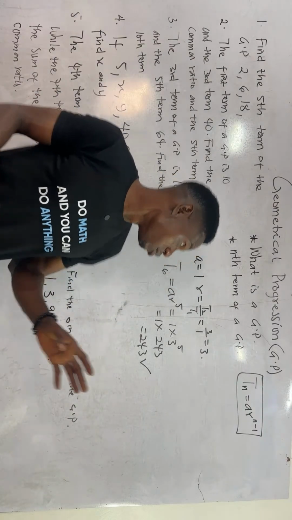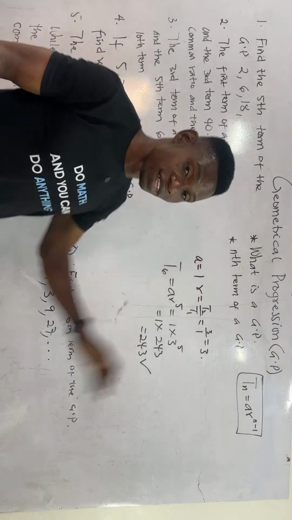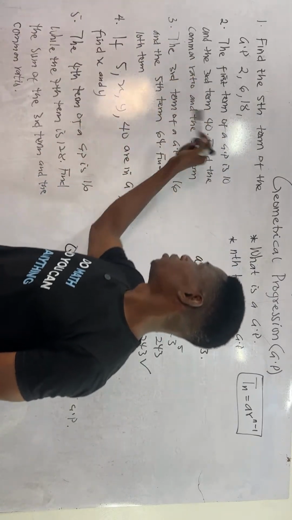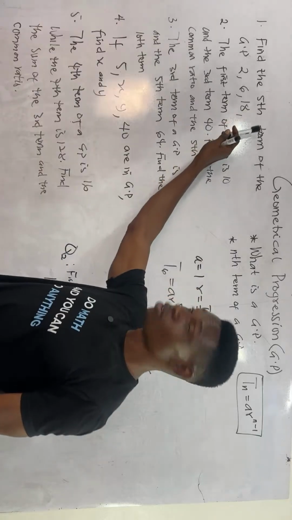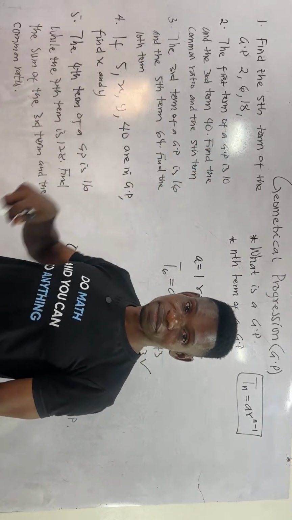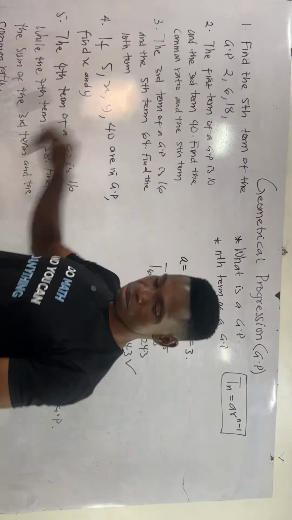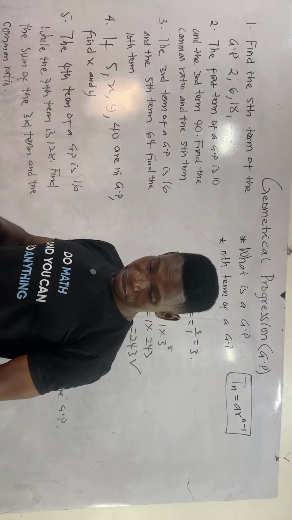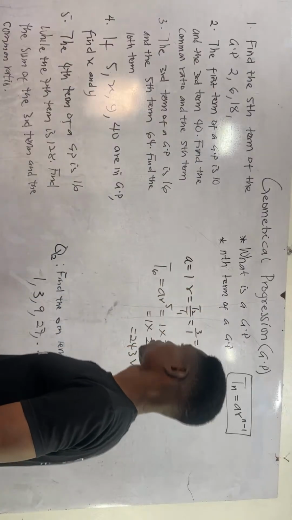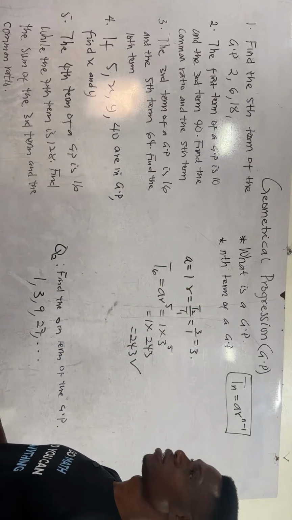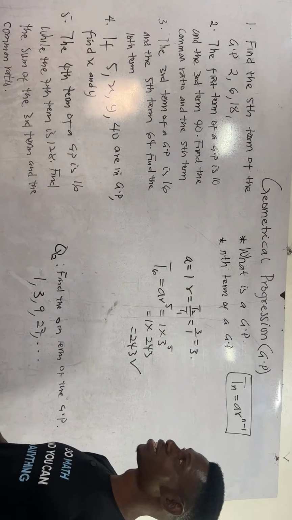So let's quickly round up this nth term of a GP by answering these questions we have here. So are they obvious? Okay, so the first question says find the fifth term of this progression. Yes, the answer to that will be obvious.